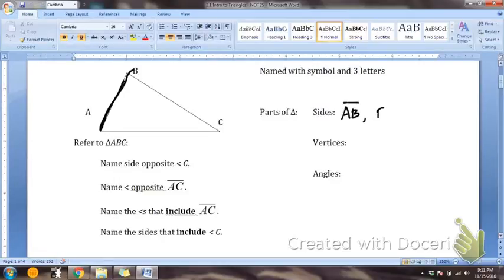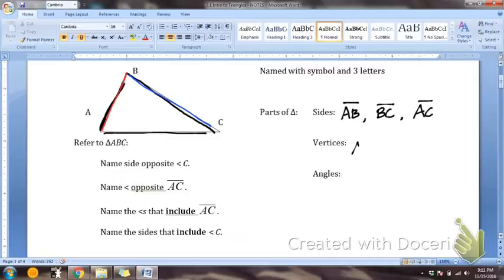The other side is going to be side BC, and I'm also going to put the line segment above that. And last but not least, I've named AB, I've named BC, so now I'm going to name segment AC or side AC, again with the segment bar above that as well.